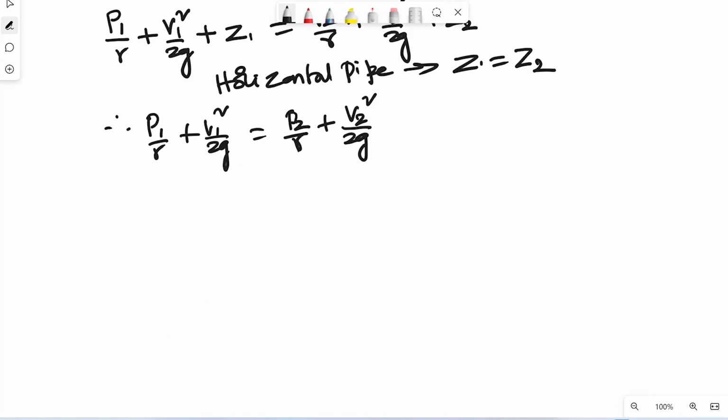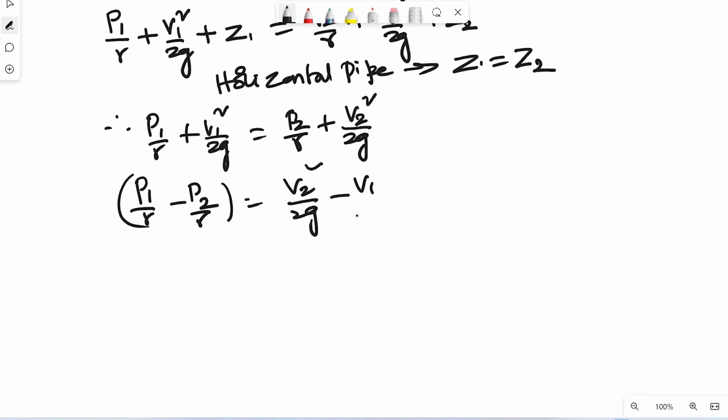Then rearranging the terms, P1 by gamma minus P2 by gamma is equal to V2 squared by 2g minus V1 squared by 2g. What is this P1 by gamma minus P2 by gamma?